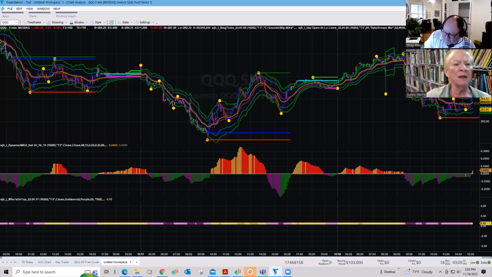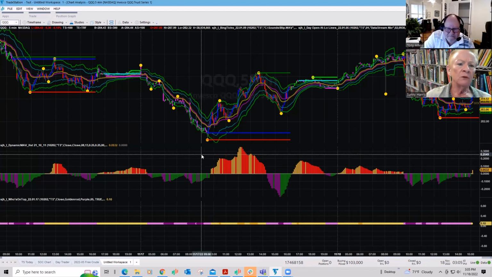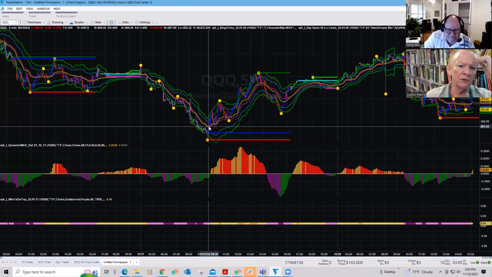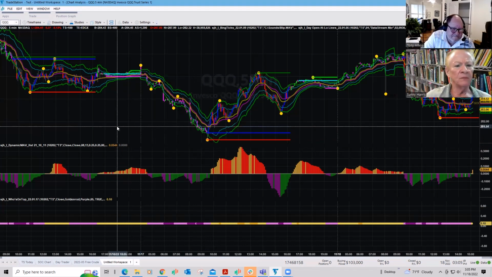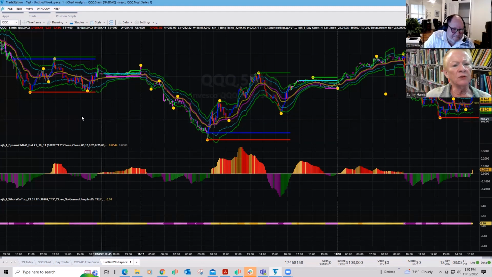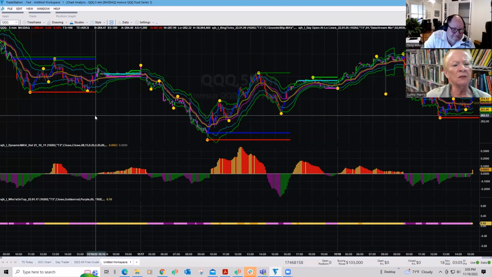Why am I emphasizing session? Because if you look at that first place where the bars turn green and magenta, so we're in the night session, you notice that the nights go over to your left considerably. You see that the bars are cyan, magenta, and light green, and that's the open, high, and low of the night session.